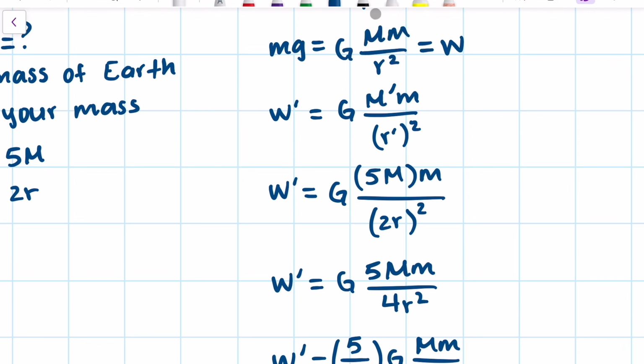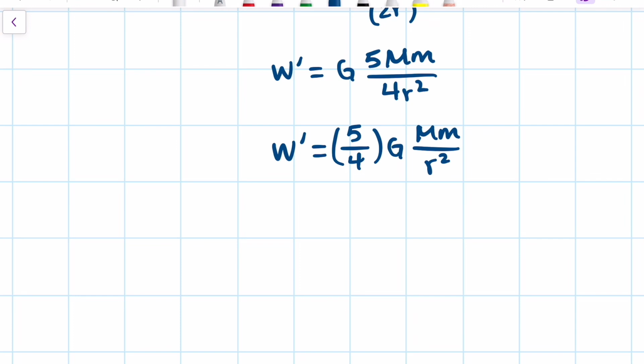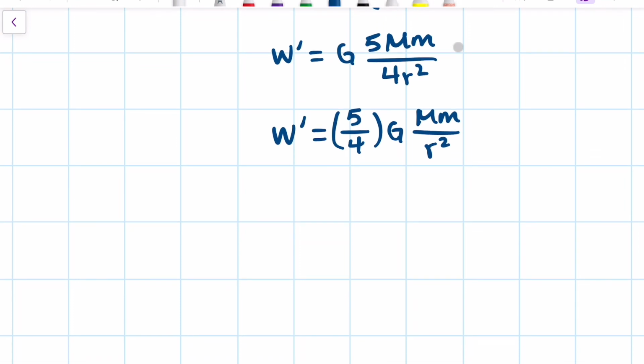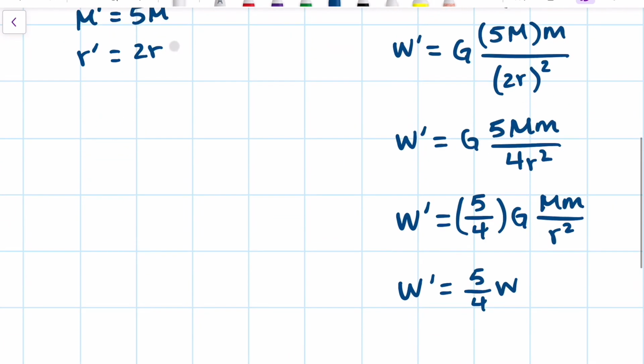And we know that this is equal to the weight. So all we have to do is substitute or replace this with the original weight, and that's a quantity which was given to us, 710. So all we've got to do is plug it in.